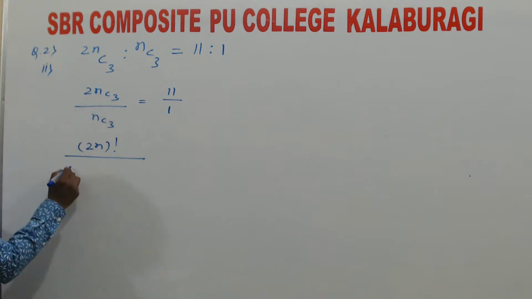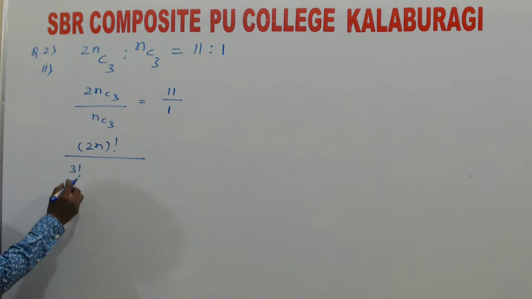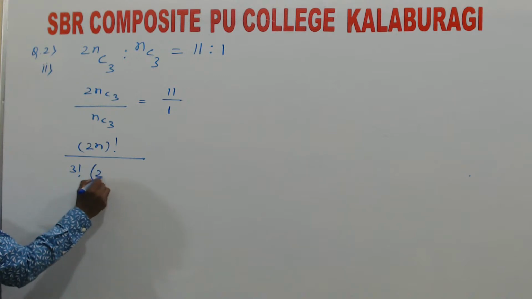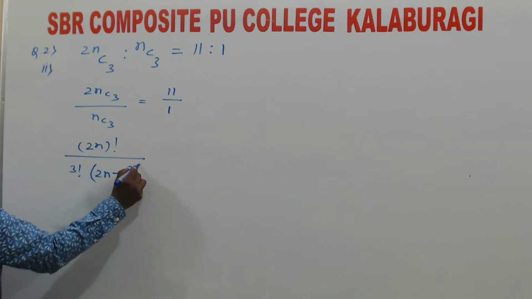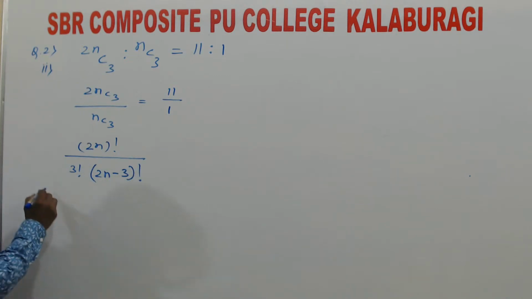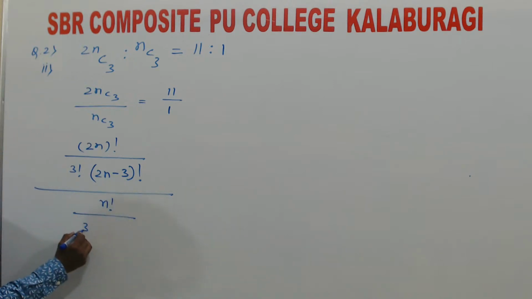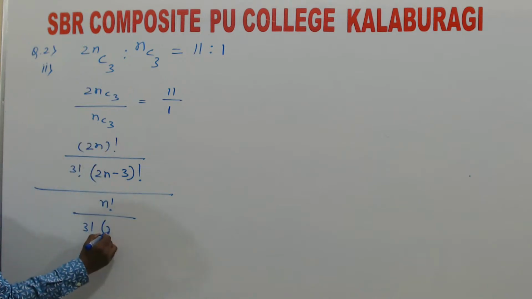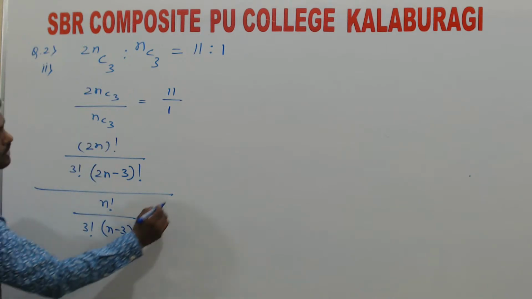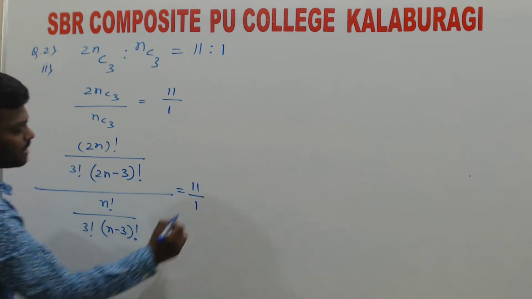So what is r in the numerator? 3 factorial, right? r factorial, 2n minus 3 factorial, right? So whole divided by n factorial divided by 3 factorial into n minus r. So what is n minus r? n minus 3 factorial, which is equal to 11 by 1.